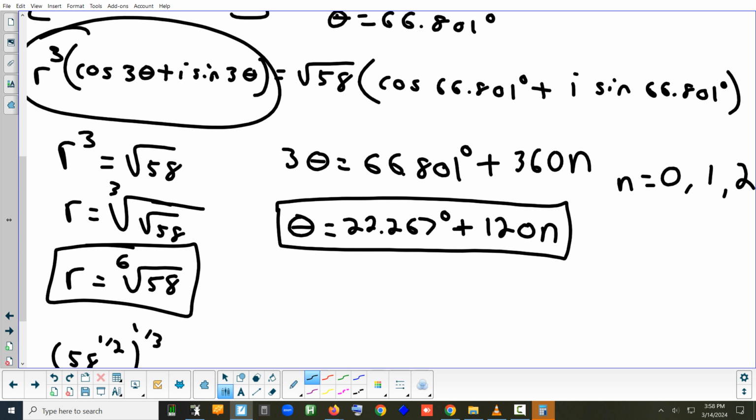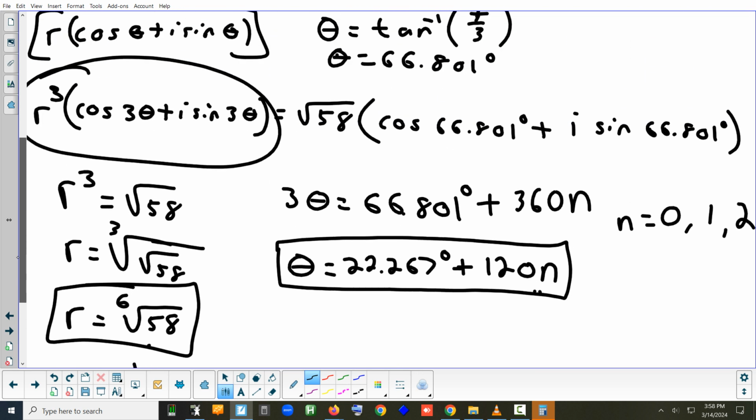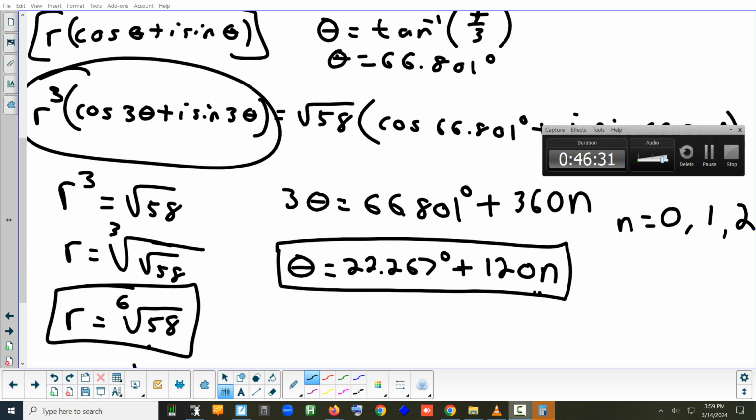Every answer would have the same radius, but you'd fill in 0, 1, and 2 for n to get your 3 different angles. And that's how you pretty much finish that one up.